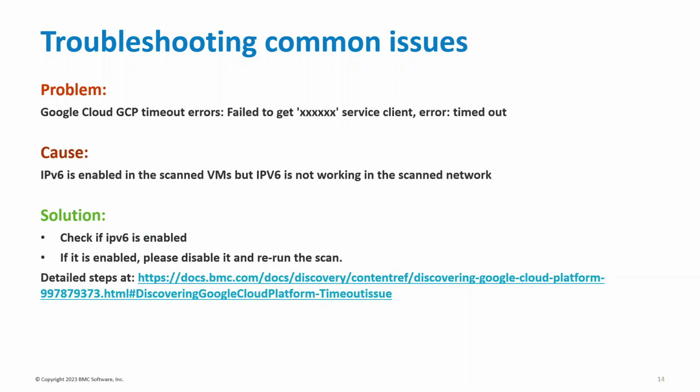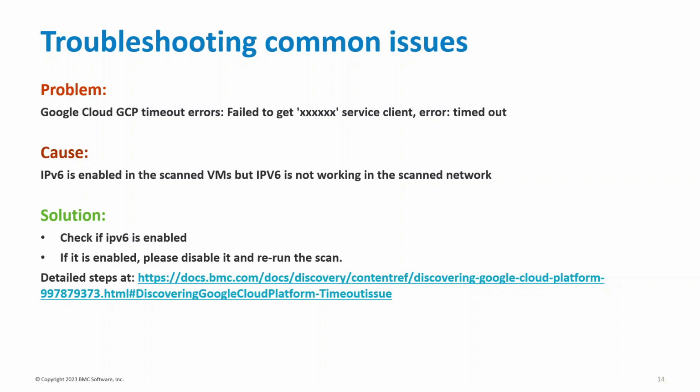Whenever you see an error where the GCP scan is timing out, saying that it failed to get a certain service client and the error is timed out, Discovery times out when IPv6 is enabled in the scanned virtual machines, but IPv6 is not working in the network that is configured for your virtual machines.